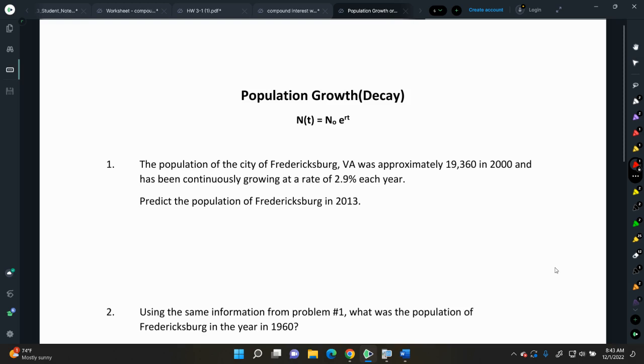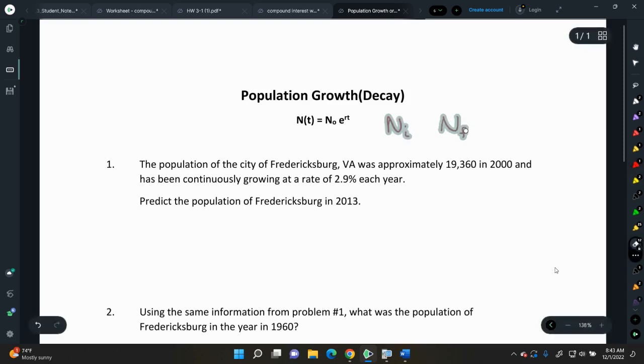When you have a subscript zero like that, that means initial amount, as opposed to something with a subscript f, which would be final amount. Sometimes you'll see it with an i, but more often you'll see a zero, meaning the initial or starting amount, okay?